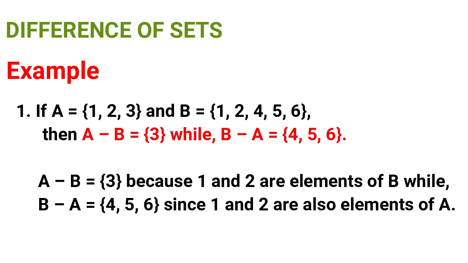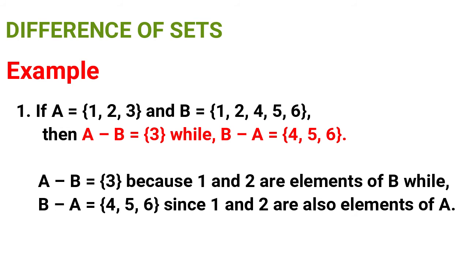Example number 1. If A is equal to {1, 2, 3} and B is equal to {1, 2, 4, 5, 6}, then A minus B is equal to {3}, while B minus A is equal to {4, 5, 6}.